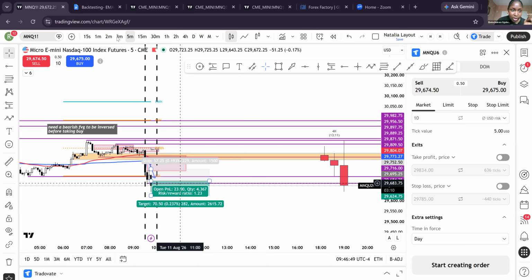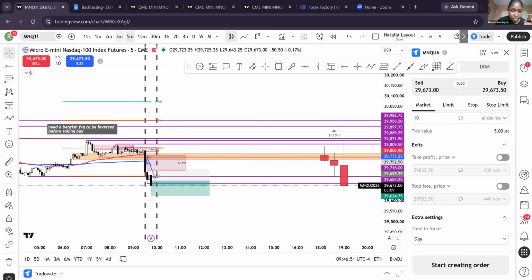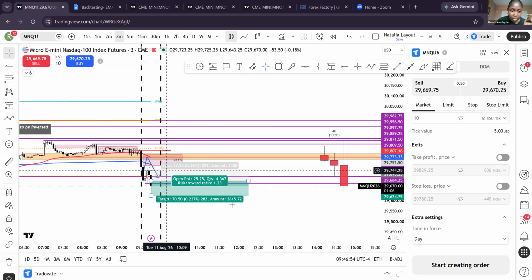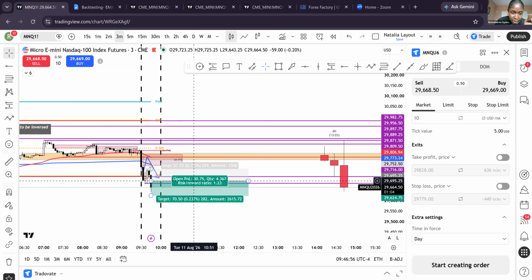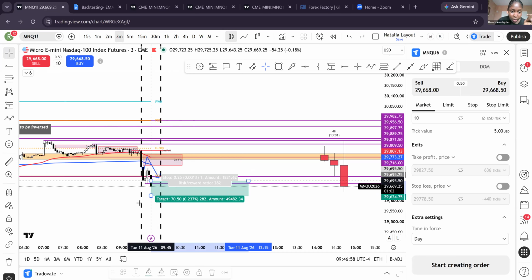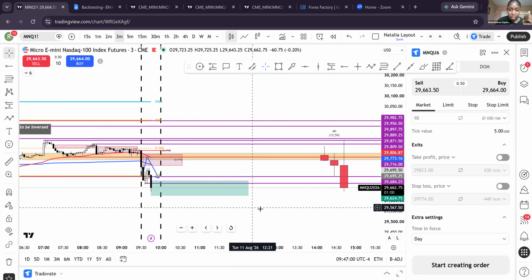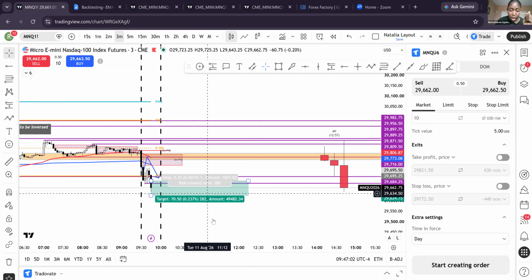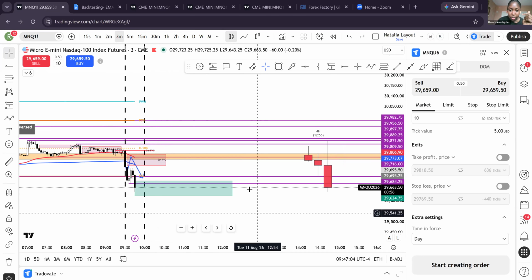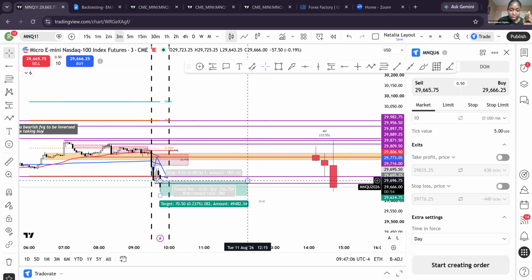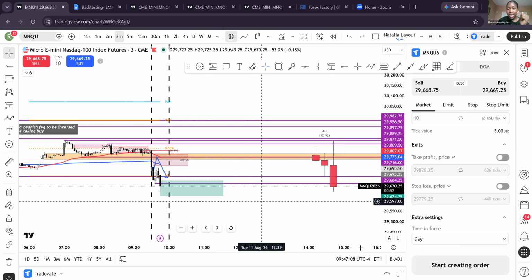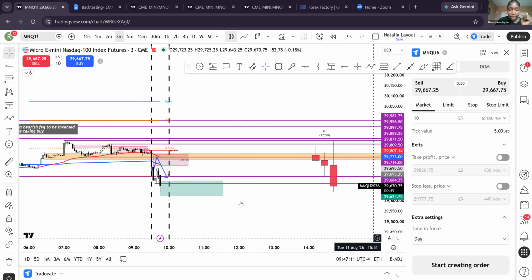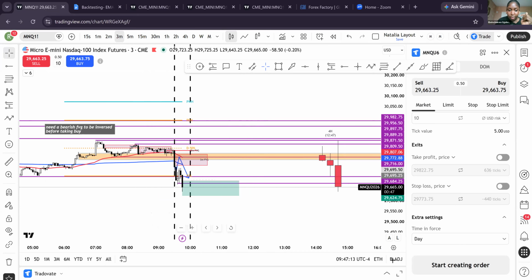I entered technically here, and my stop loss is technically there. I'm just going to see how this plays out, but I got out. It literally dropped, and I didn't want to make too much money for my eval. But I believe it's going to come here.